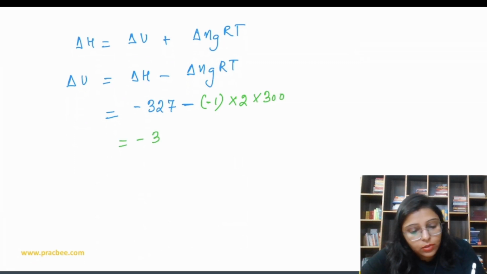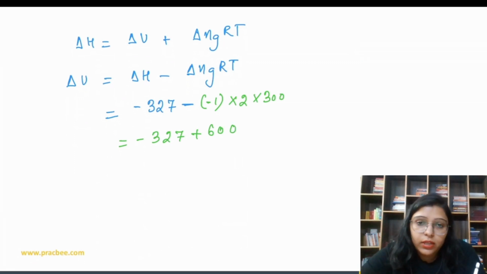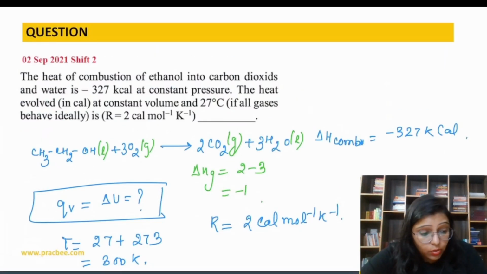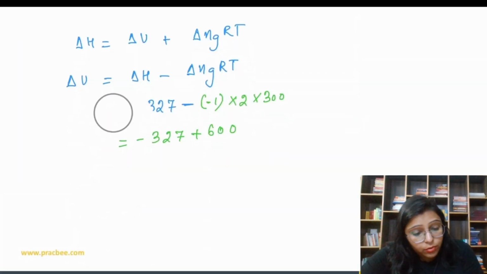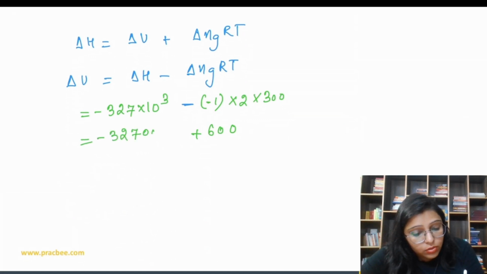So minus 327 plus 600. Here it is kilo calorie, so we have to take minus 327 into 10 to the power 3, so minus 327000 plus 600.